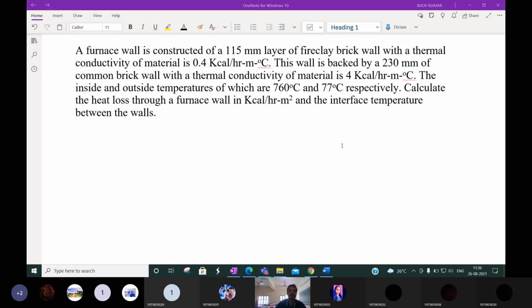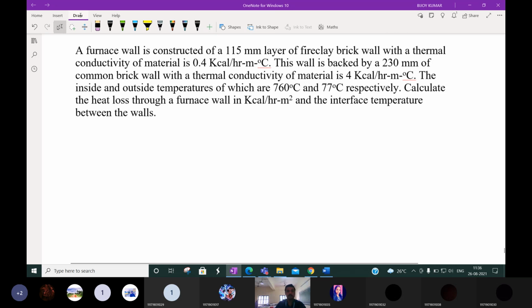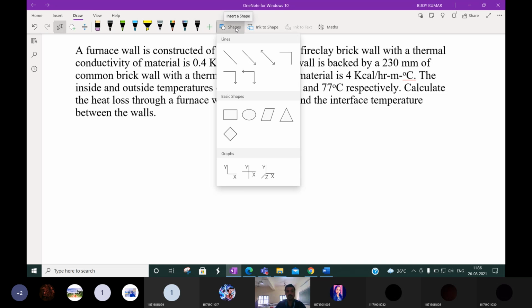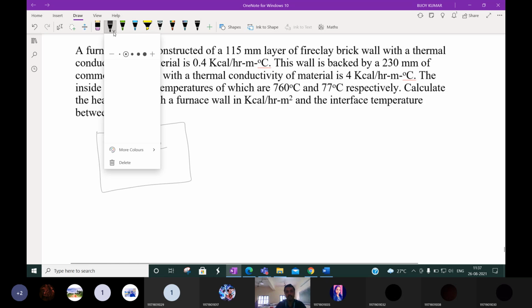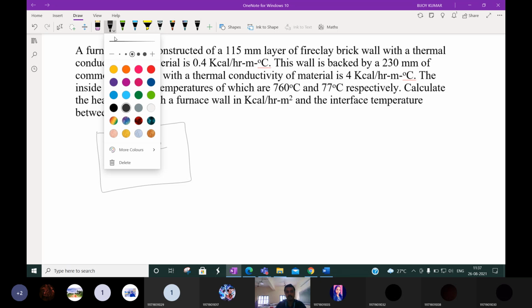Okay, I am drawing the diagram. Please see it. First thing is a furnace wall. Suppose one furnace is there. Please listen carefully. Suppose this is the furnace. In the furnace, we generally heat the things inside to a high temperature.